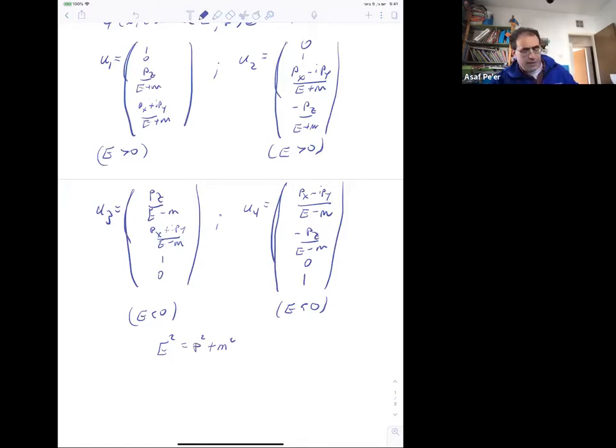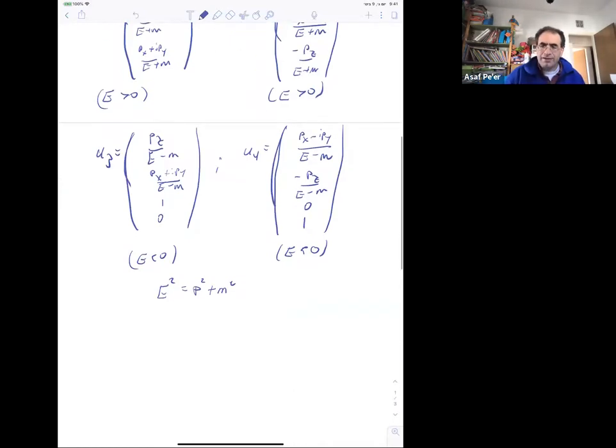But what is the meaning of these negative energy solutions? That's a basic question in physics, because in quantum mechanics, as opposed to classical mechanics where we can throw away the negative energy and simply state they're unphysical, this is not something which we can do in quantum mechanics or in quantum fields.